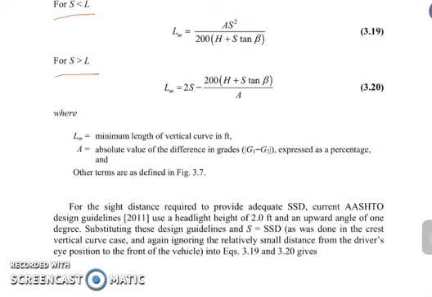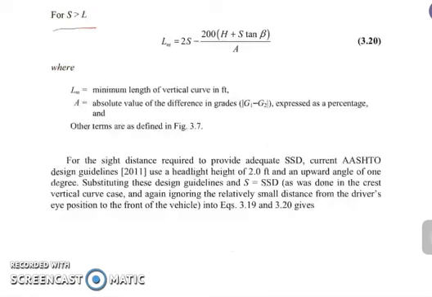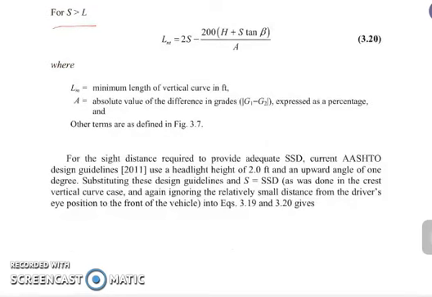So based on AASHTO, there's a design guideline for the sight distance required to provide adequate stopping sight distance. According to AASHTO, based on their design guidelines, they make use of a headlight height of 2.0 feet and an upward angle of 1 degree.